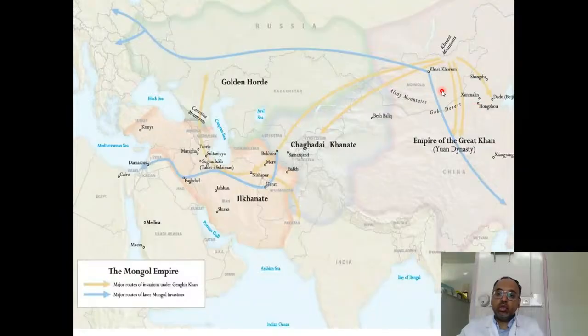They started their invasion from this region, from Mongolia, and they invaded first China, and then they moved westward towards the Persian Empire and Abbasid Caliphate at the time. One group of the Mongols, headed by Genghis Khan himself, attacked China first, and then they moved westward towards the Iranian Empire at the time.